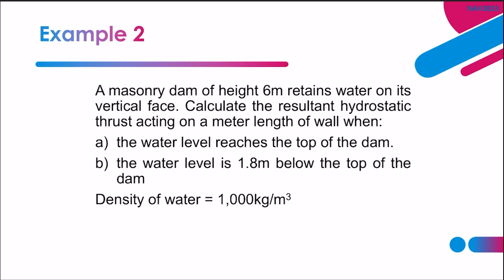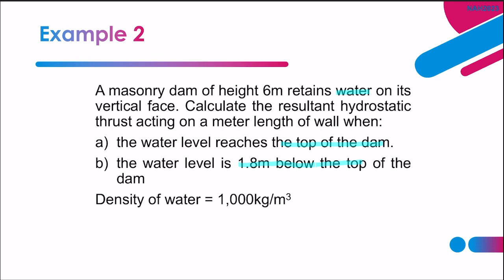Let's look at example number 2. A masonry dam of height 6 meter retains water. Therefore, the lateral thrust is water on its vertical face. Calculate the resultant hydrostatic thrust acting on a meter length of a wall when 1, it reached the top of the dam and 2, if it is 1.8 meter below the top of the dam.